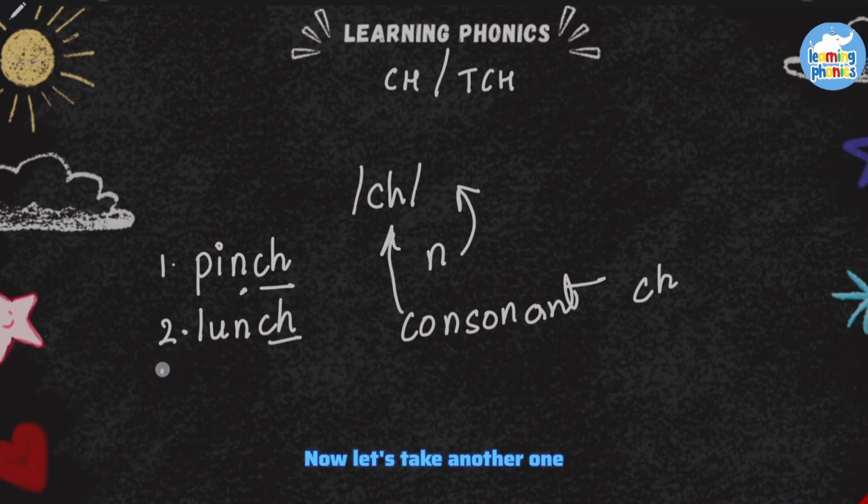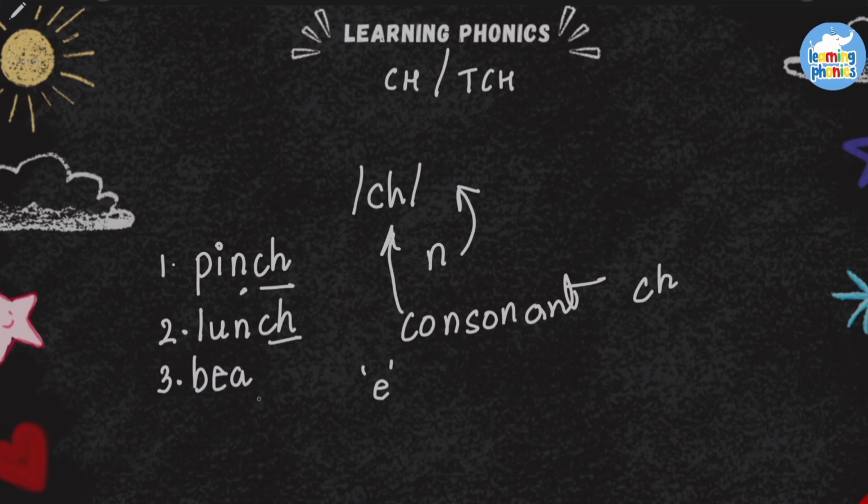Now let's take another one. Beach. B, E, ch. Now what do you hear? You hear a long E sound. See, B, E, the E and A are making the long E sound. Long E, or a vowel team.